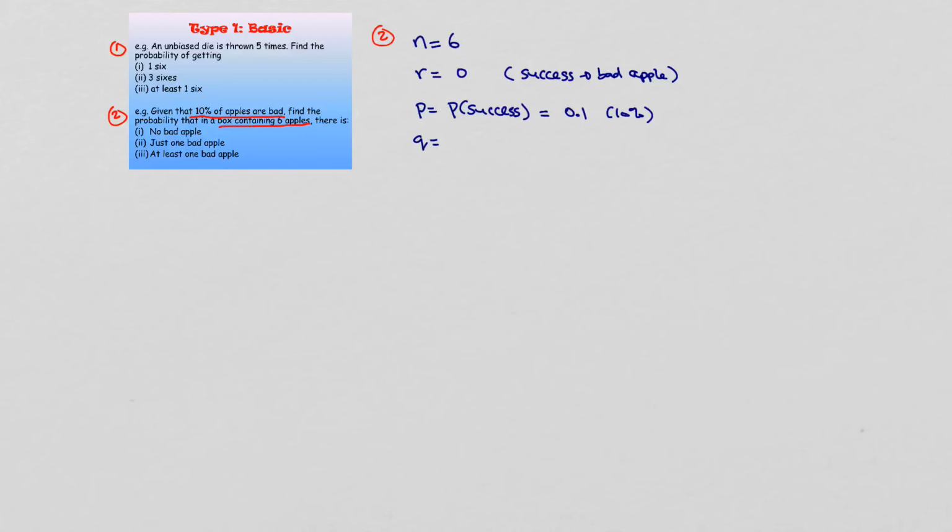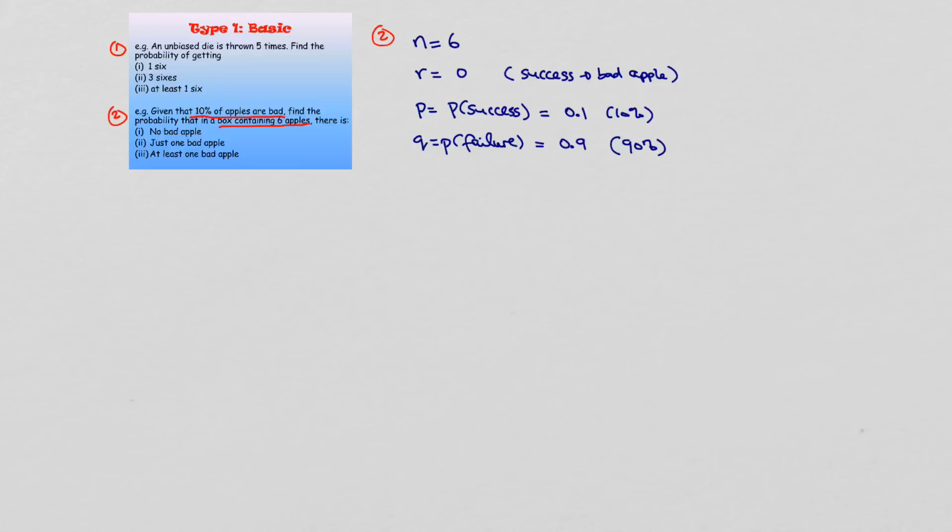So Q is our probability of failure. So what's failure? Well, a failure is actually getting not a bad apple, in other words, a good apple, and therefore if the probability of success of getting a bad apple is 0.1, probability of failure, in other words, not getting a bad apple, is 90%. In other words, 90% of the apples in the box are good, so therefore 90% would be 0.9.